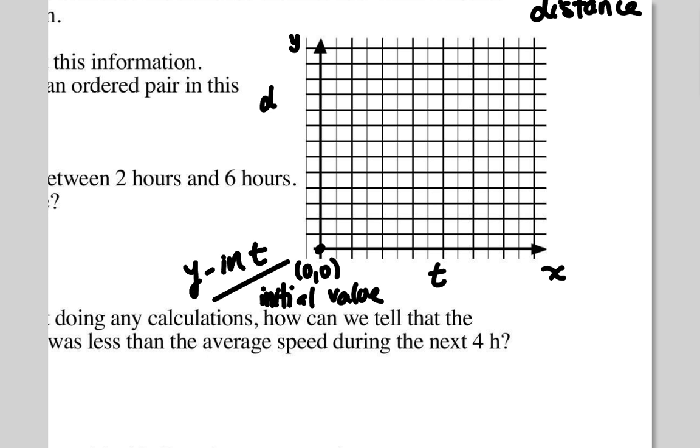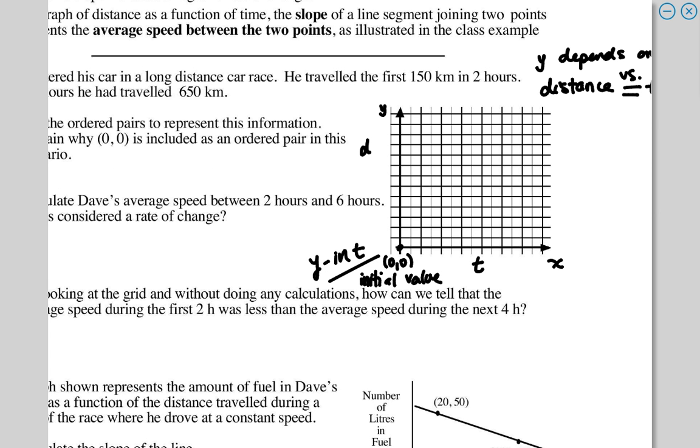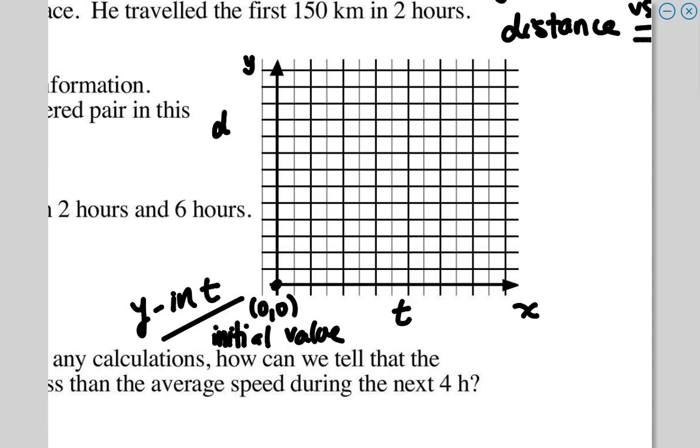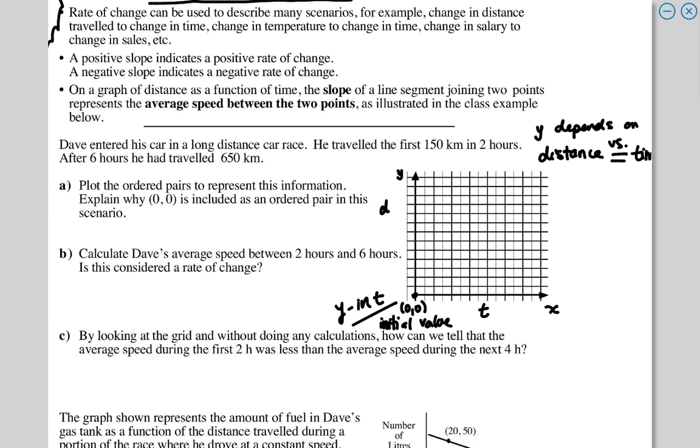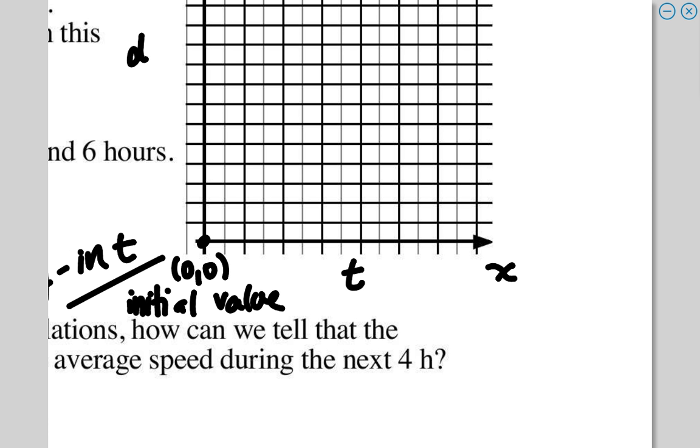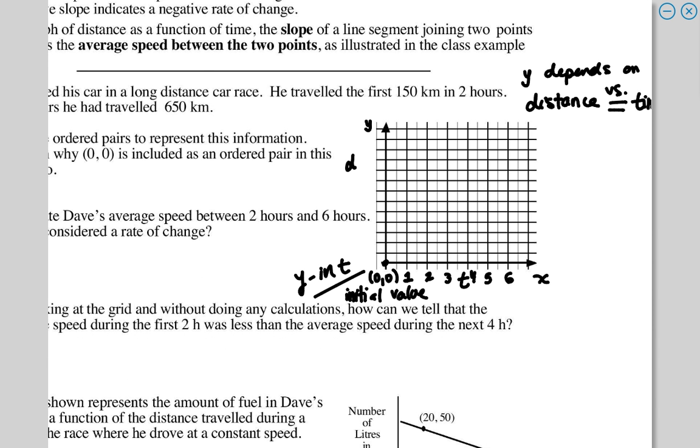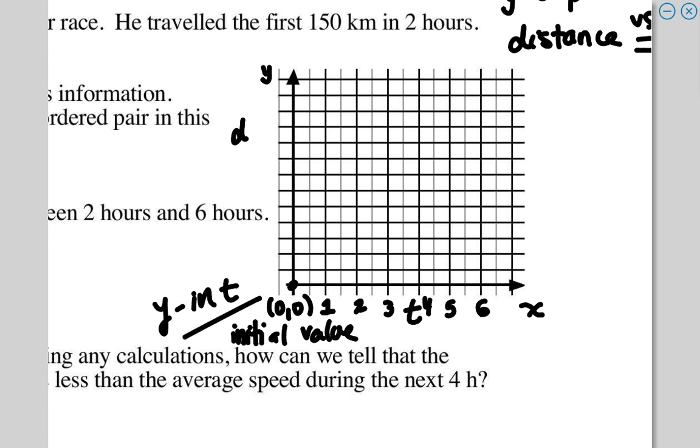So what's that first 2 hours? And he goes 150? Beautiful. Let's put a scale on here. Do you see how there's some thick lines? 1, 2, 3, 4, 5, and 6. The thin lines would be half of those. Now for distance, how far do we go? We got to get to 650. How many scales do we got? Lots, hey?